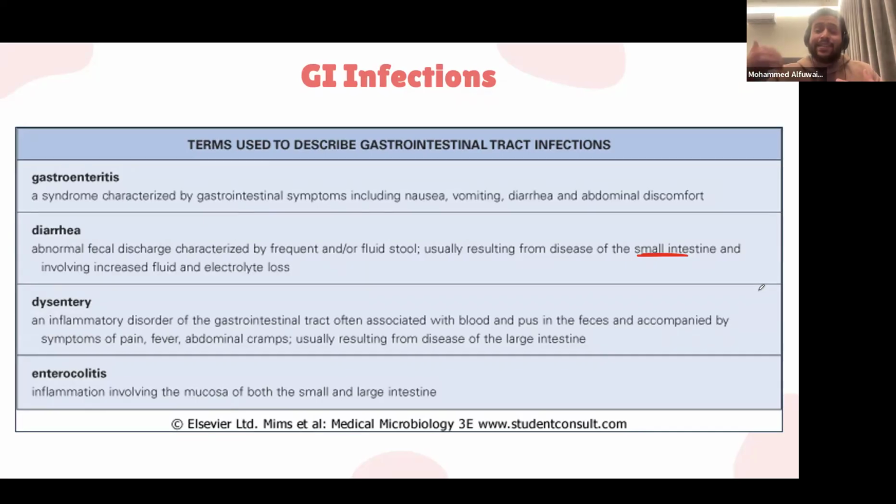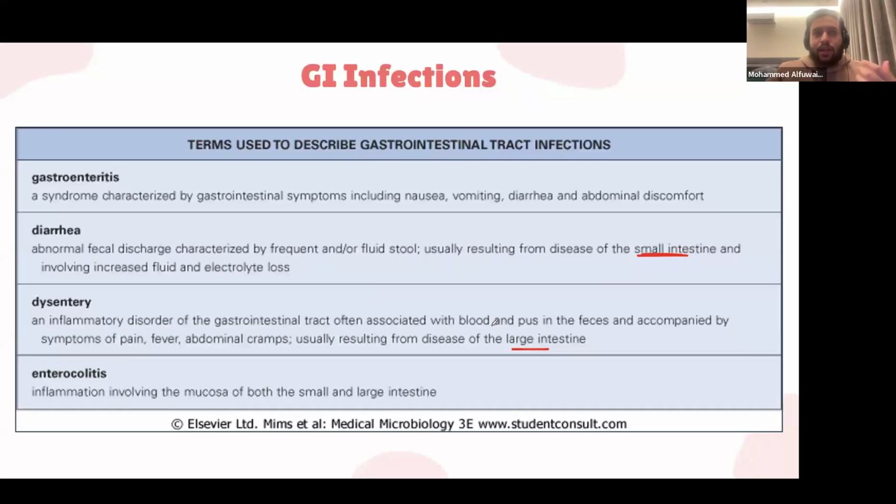If someone has dysentery, which is bloody diarrhea with mucus, this is usually a pathology of the large intestine. Okay. There could be overlap of both, of course, as with the majority of these diseases, but watery diarrhea is usually from the small intestine, and dysentery is usually from the large intestine.